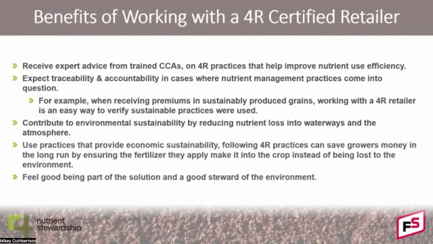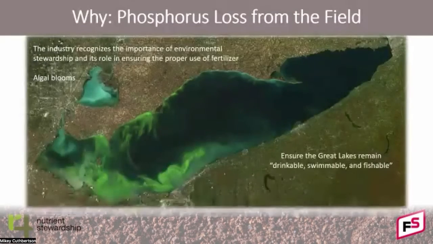So some benefits of working with a 4R certified retailer, working with CCAs, the certified crop advisors, and the 4R nutrient management specialists, being part of the solution, good stewards. We want, as Ontario, to represent Canada and really show our benchmarking for 4Rs and what we're doing for everybody, working with all of those groups.